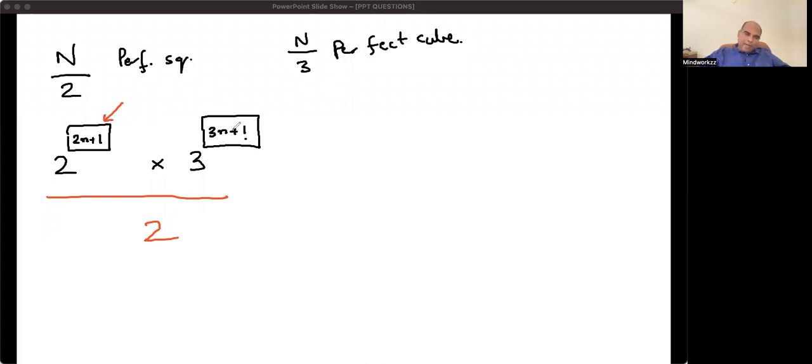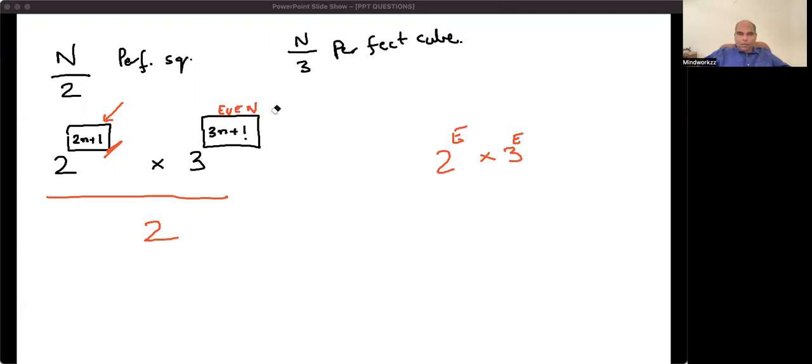But it adds an additional condition to this number. Because when you divide by 2, only this power will get affected. So after division by 2, I should have 2 raised to even power into 3 raised to even power. Which means that this 3n plus 1 we are talking about cannot be just any 3n plus 1. It has an additional condition that it has to be even.